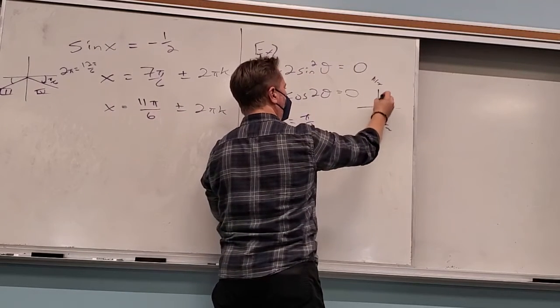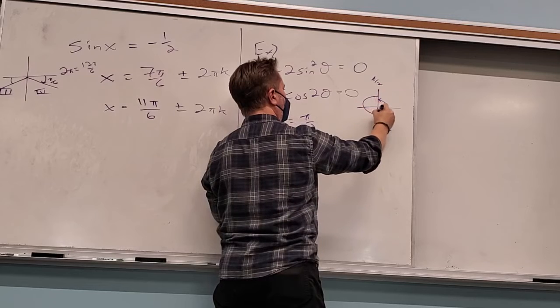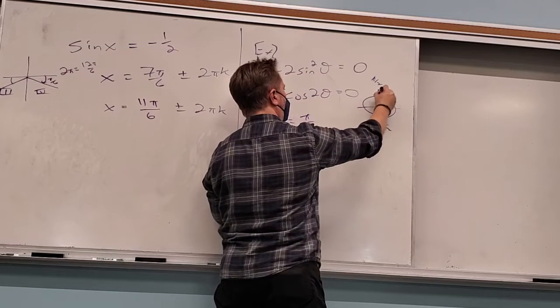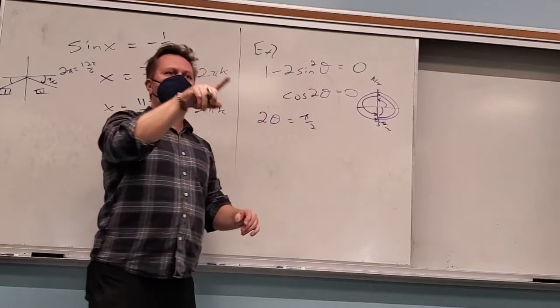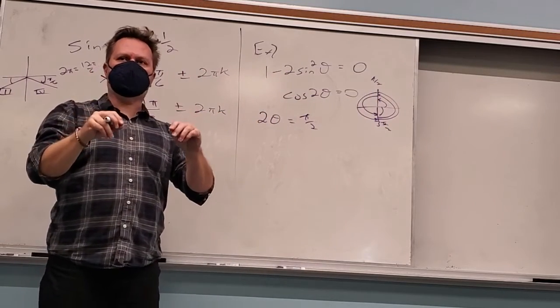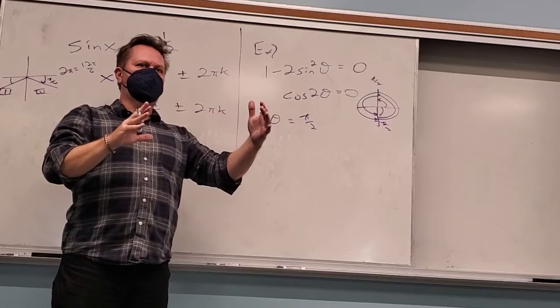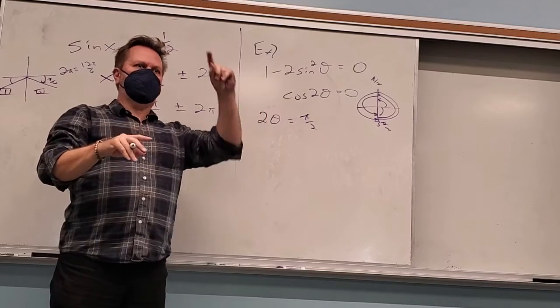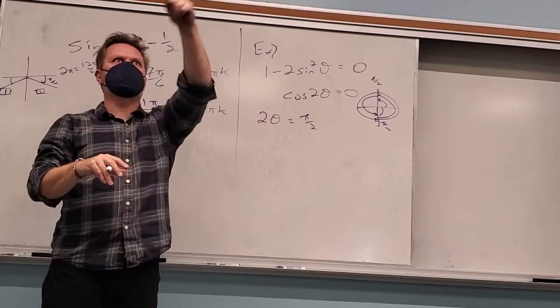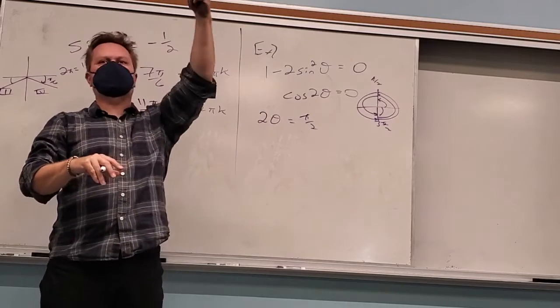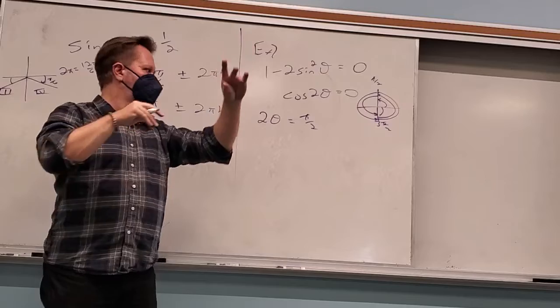Notice these 2 answers, what are they separated by from each other? Pi, aren't they just pi apart? So I can catch all the answers in a single line because they're equally spaced. If I just keep adding pi, I'll get one set of answers, the other set of answers, because they're equally spaced.